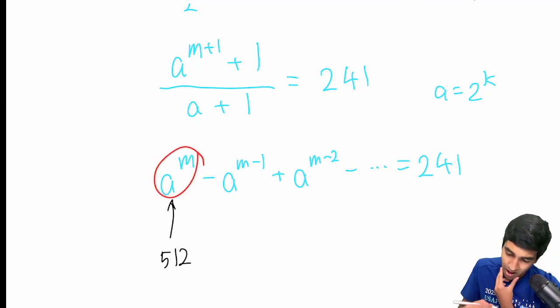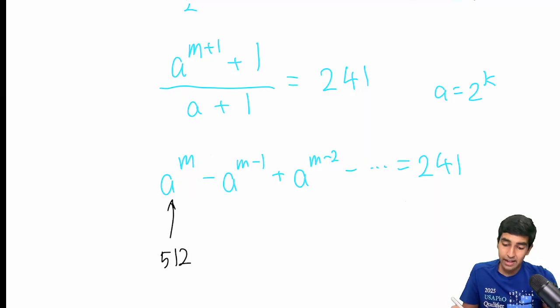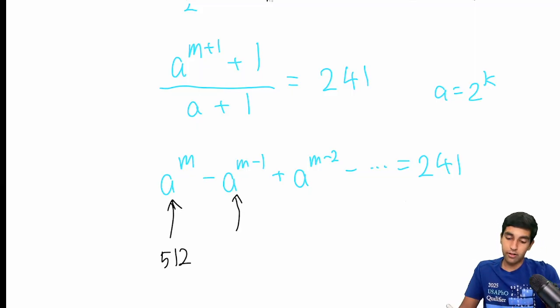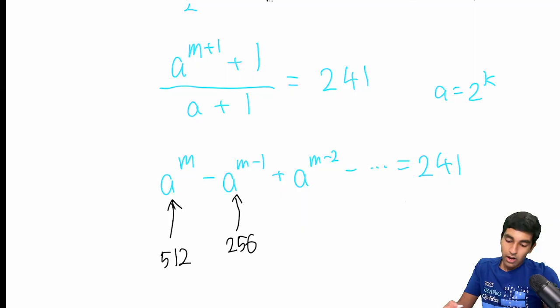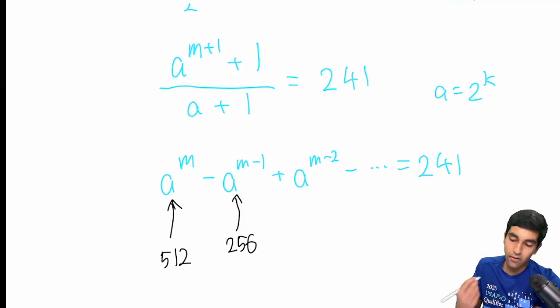If this was 512, then we would have that the number is going to be, let's say this was 512. The maximum possible value for this is 256, right? It could be 2, depending on what a is. If a was 4, then we would divide by 4. If a was 2, we'd divide by 2.